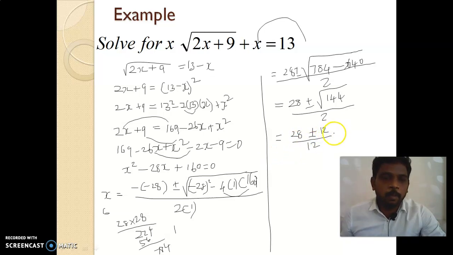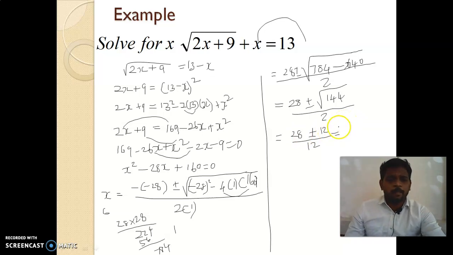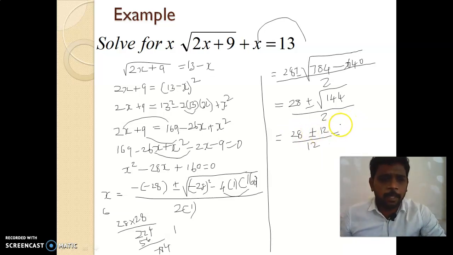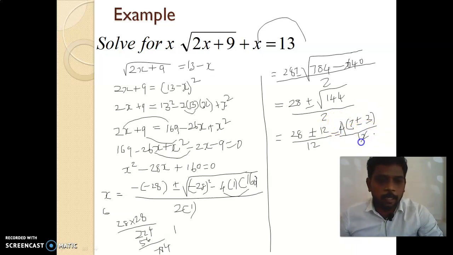Now here 4 is a common factor. Is 4 a common factor or not? 7 4s are 28, right? 4 is a common factor. So here 7 4s are 28 plus or minus, and 3 4s are 12, and whole divided by 12. Here 1 time, here 3 times, right? So equal to 7 plus or minus 3 divided by 3.